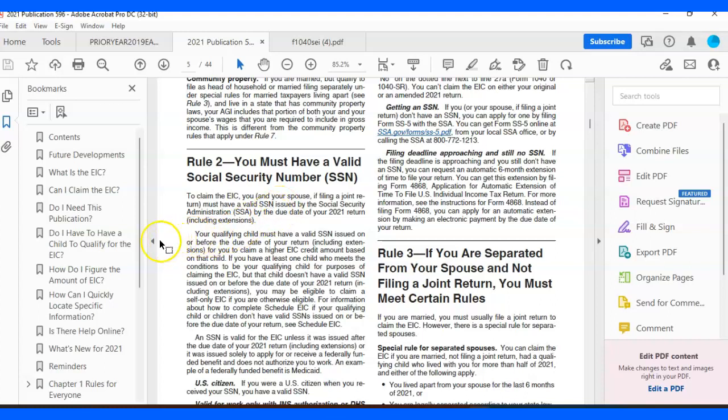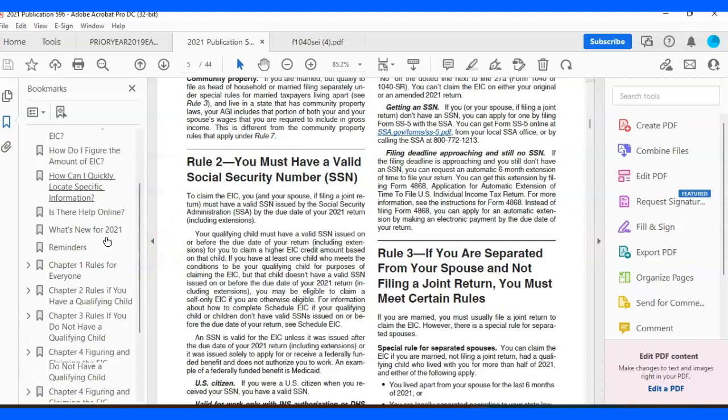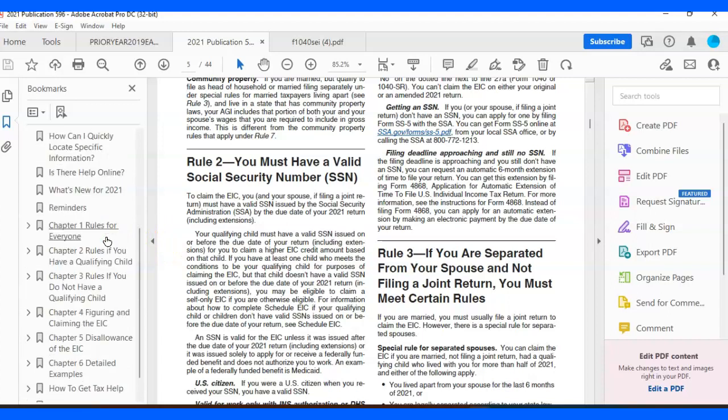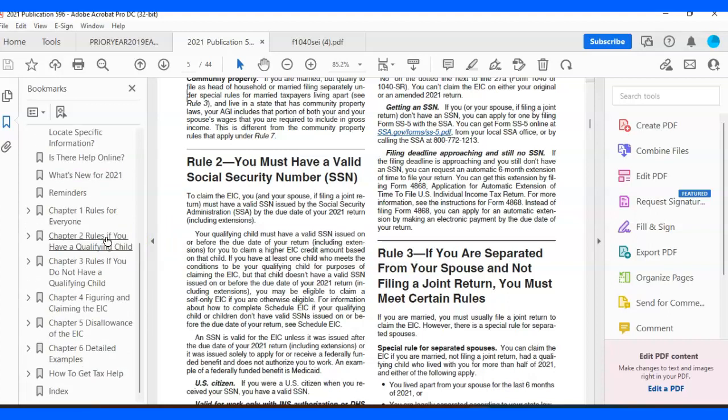And then we have a worksheet that you can fill out as well when it comes to the Schedule EIC. A lot of times we just fill out the form and use a chart that shows us how much earned income credit a person gets based on filing status, number of children, and income amount. Those are the 3 criteria we use to help determine how much earned income credit a client will get.